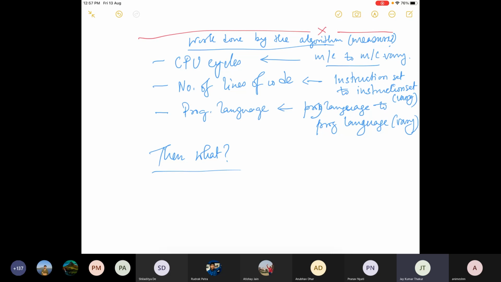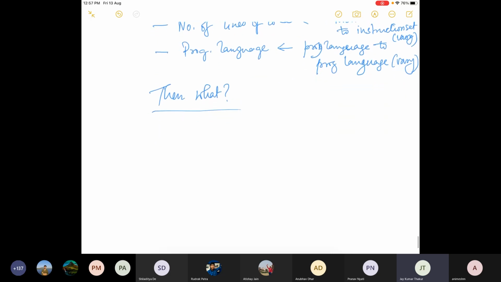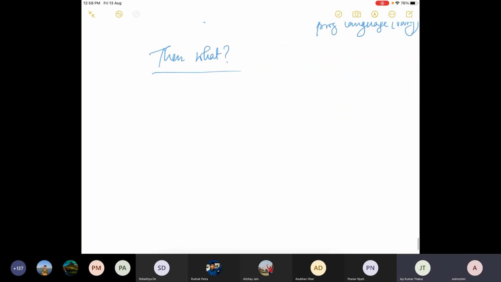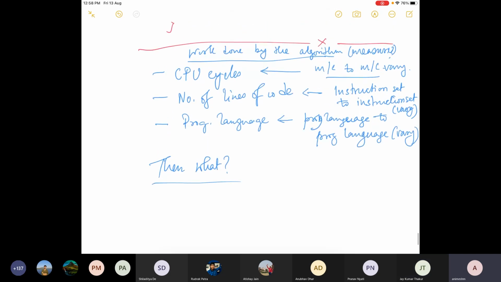Sir, the time it takes to execute the program. Time it takes to execute the program, that is what CPU cycles are. So can it be the stack of memory that is getting in the CPU? That is the size. That has nothing to do with the time or the work done.